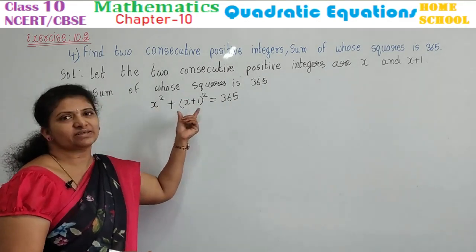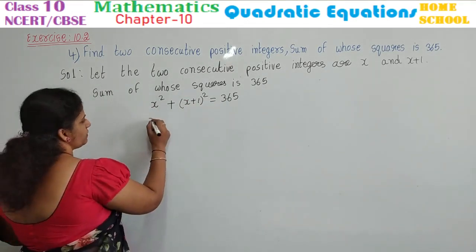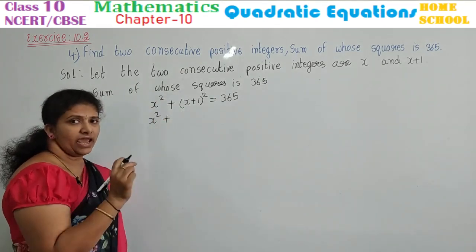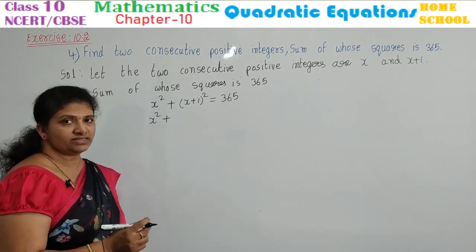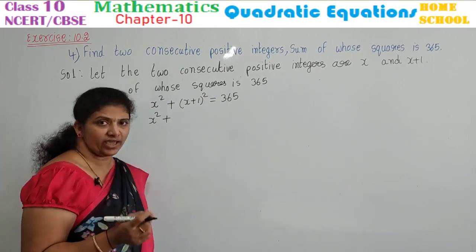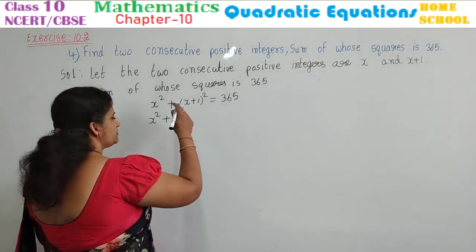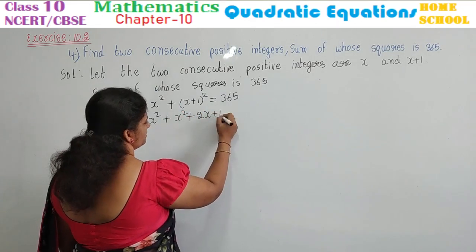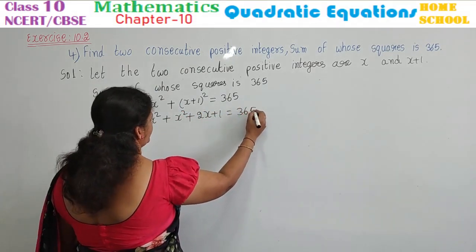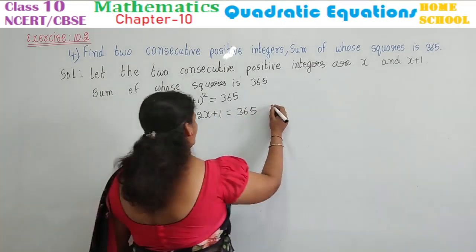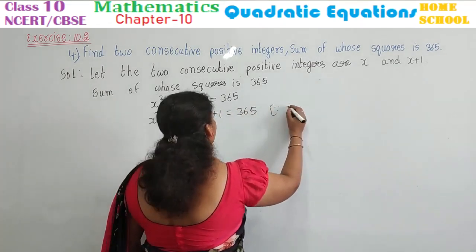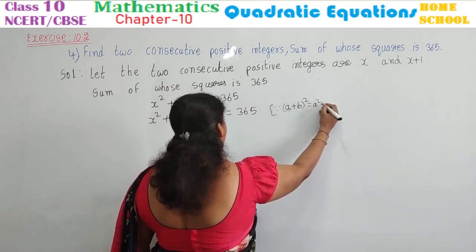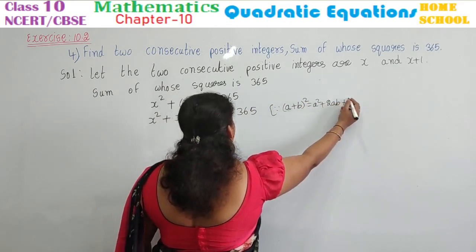Do the squares separately. x square as it is, and you can see the identity. What is that? a plus b whole square is a square plus 2ab plus b square. Substitute that: x square plus 2x plus 1 is equal to 365, by the a plus b whole square identity I have applied here.